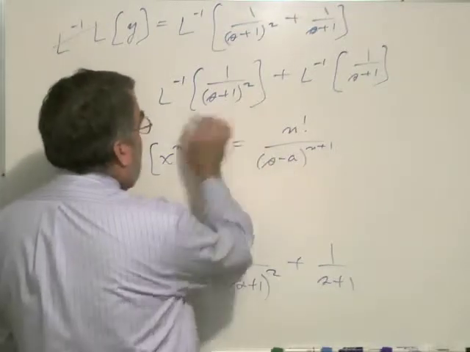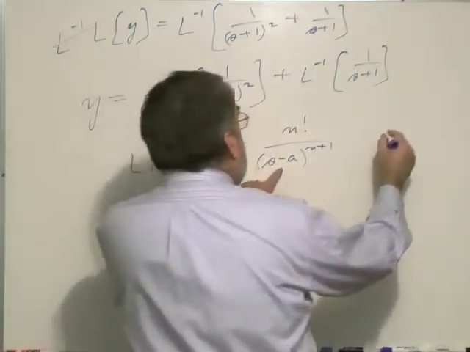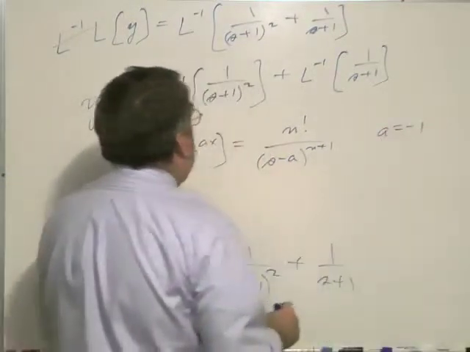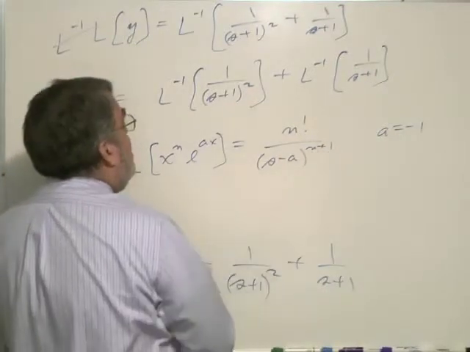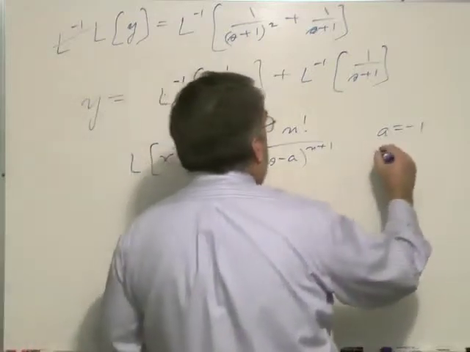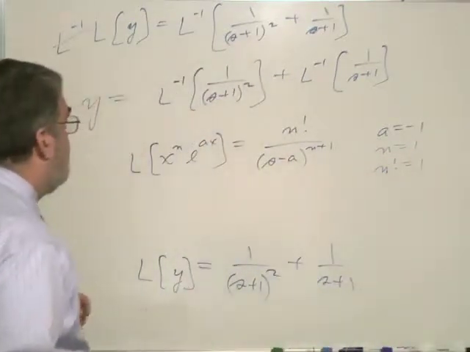a is going to be -1, because s minus -1 would be the same as s plus 1. So a is -1. And I need 2 to equal n plus 1. That means n equals 1. And n factorial is also 1.